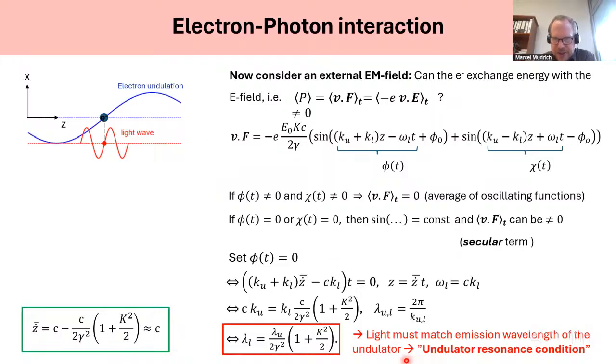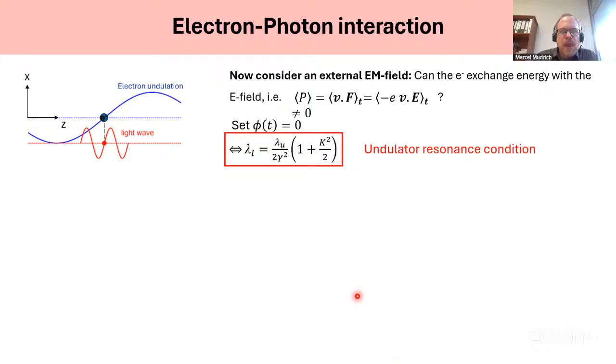And this condition, that the external electric field has to have the same wavelength as the undulator radiation, is called the undulator resonance condition. Only if that condition is fulfilled can we couple to the undulator radiation. Yeah, that's the undulator resonance condition.